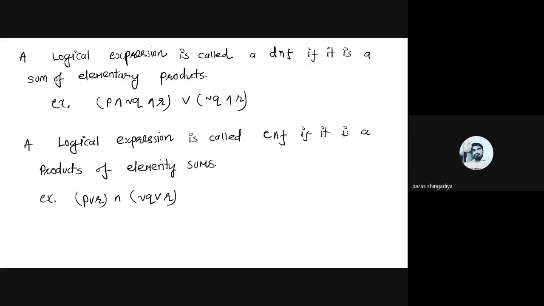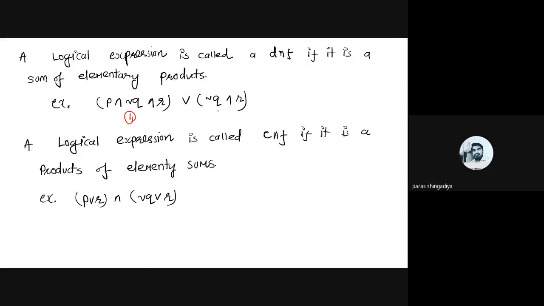Now after that we'll define CNF and DNF, that is, disjunctive normal form and conjunctive normal form. A logical expression is called a DNF if it is a sum of elementary products. That means we consider the elementary products, and then we combine the brackets which include them.